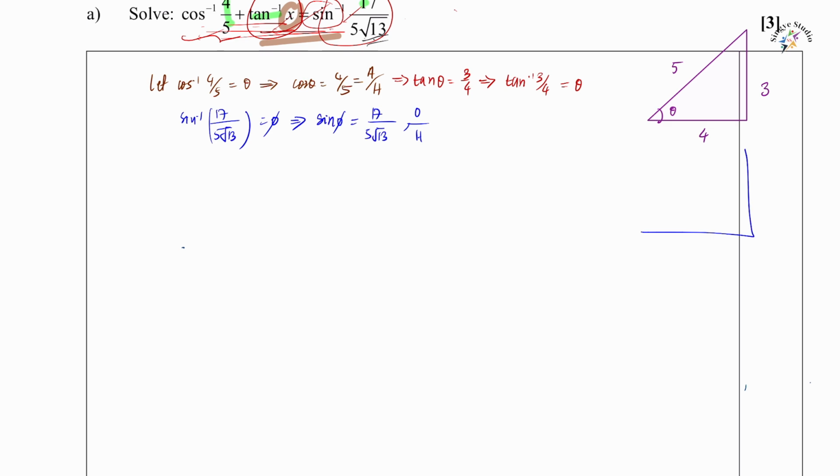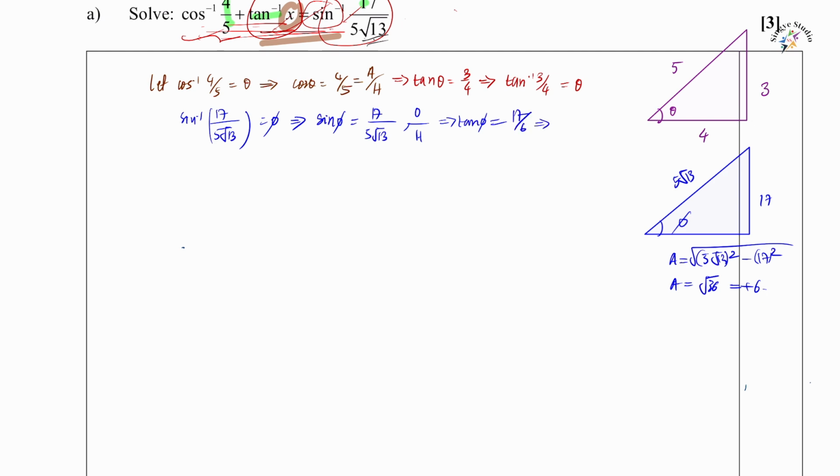We can draw another triangle with angle phi, where the opposite is 17 units and the hypotenuse is 5 root 13. By the Pythagorean theorem, the adjacent equals the square root of 5 root 13 squared minus 17 squared, which is root 36, and you take the positive value, 6. So tangent phi is opposite by adjacent, 17 by 6, and phi equals tangent inverse of 17 by 6, which means this sine inverse is just tangent inverse of 17 by 6.